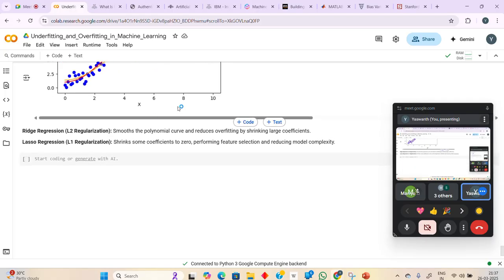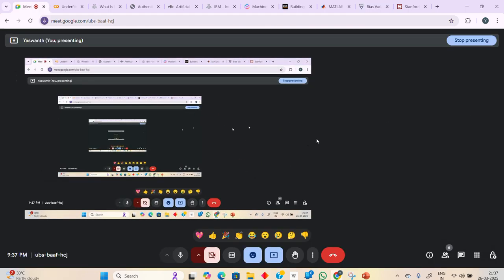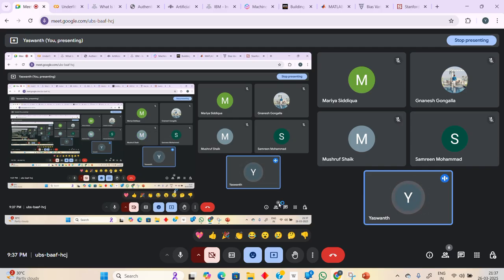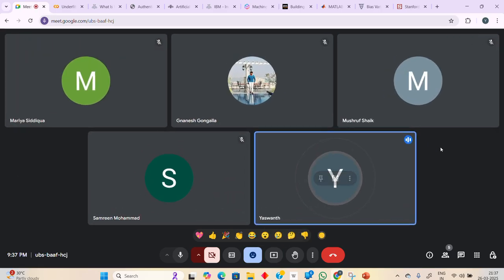So that is all about the bias variance trade-off. Now, have you understood the concept of bias, variance and trade-off? Is it somewhat clear?